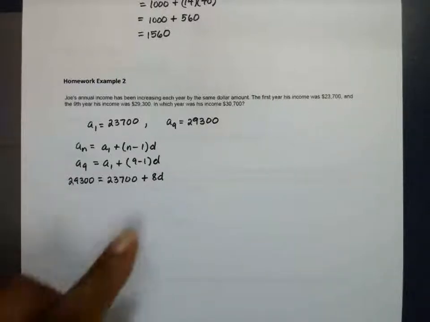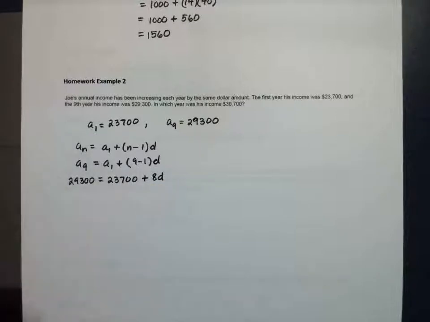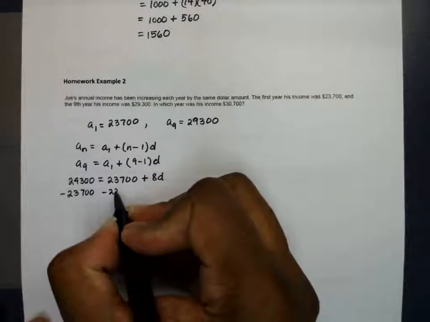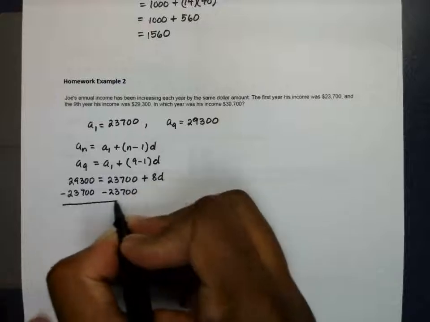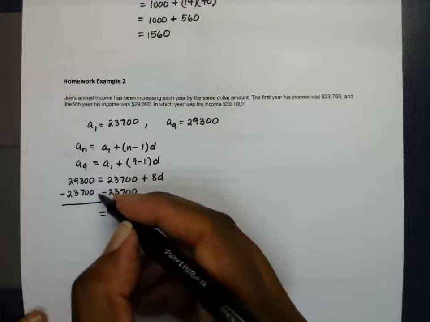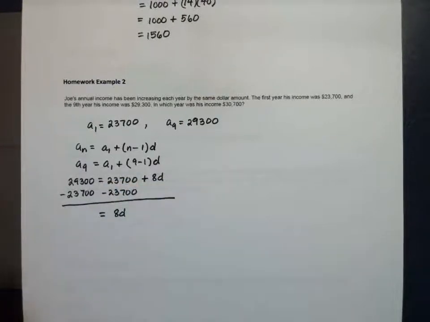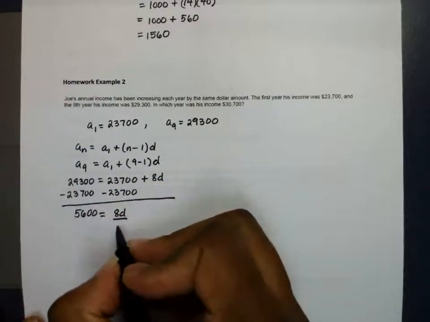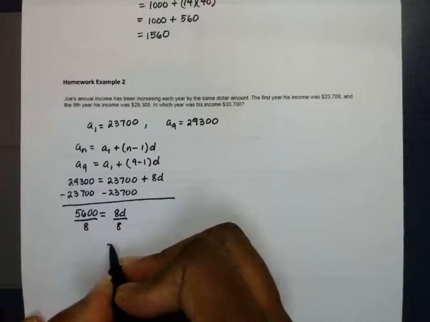And now to get 8d by itself, I'm adding $23,700, so I need to subtract $23,700 on both sides of this equation. So here we'll have 8d by itself, 23,700 from the 29,300, that'd be 5,600, and then divide both sides by 8 to solve for d.